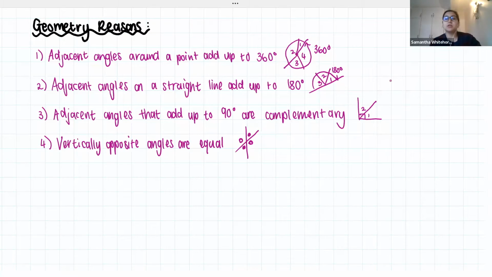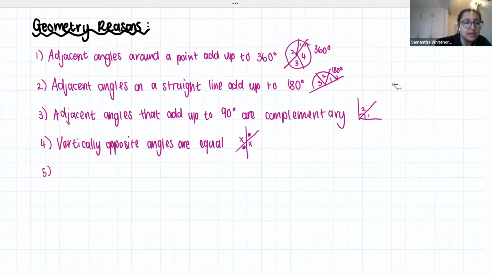As long as they sit directly opposite each other at the point of intersection between your lines, those angles are equal. And then we moved on to our parallel line reasons.